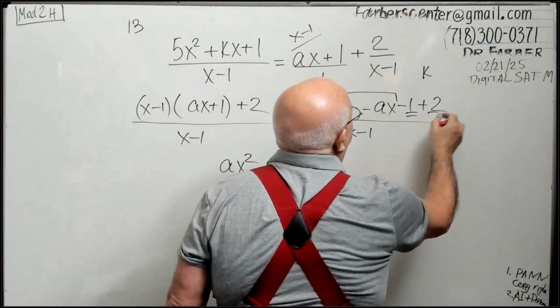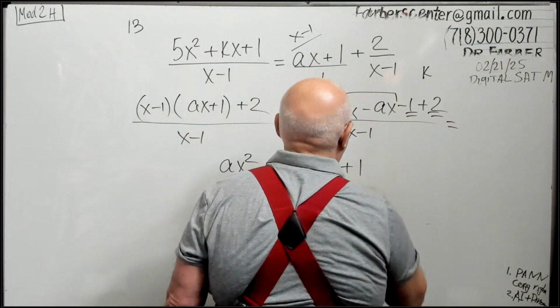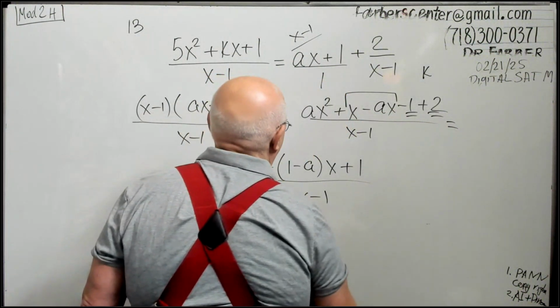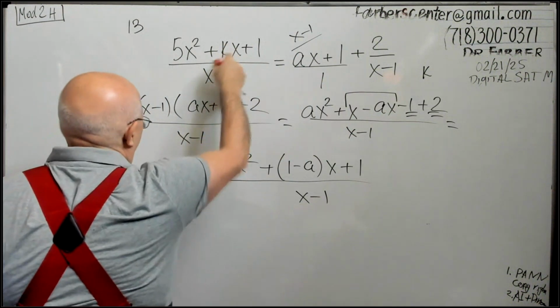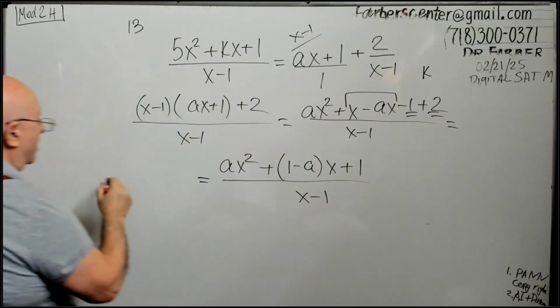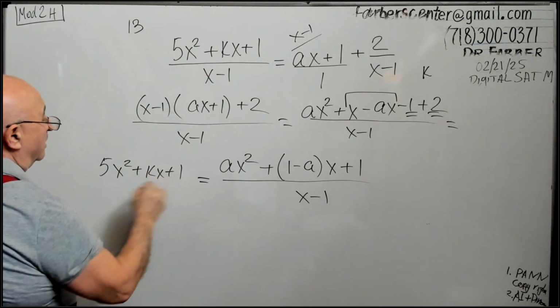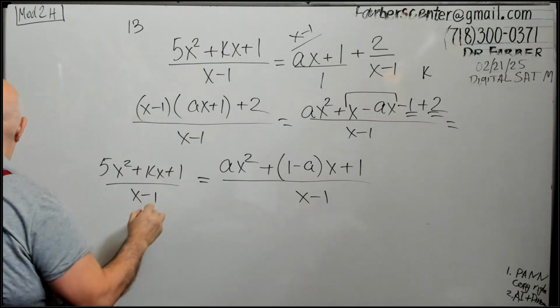And minus 1 plus 2 is plus 1, divided by x minus 1. And this equals this one, (5x squared plus kx plus 1) divided by x minus 1.